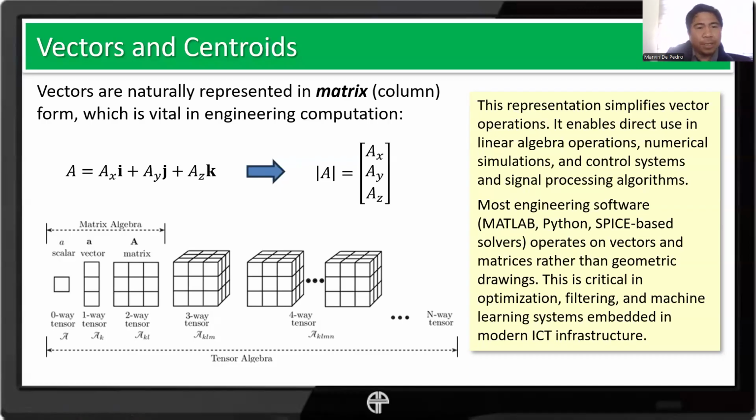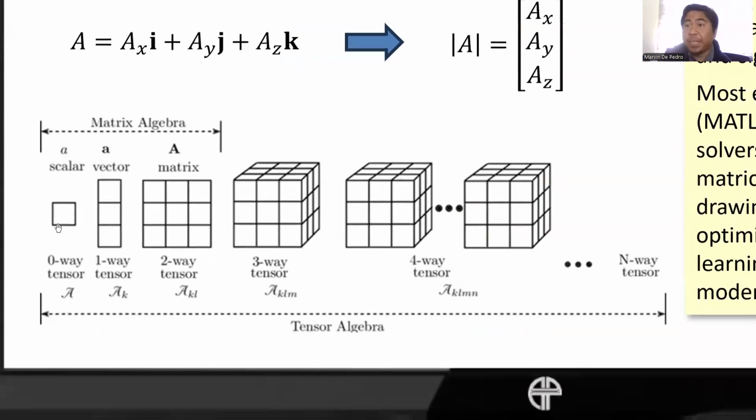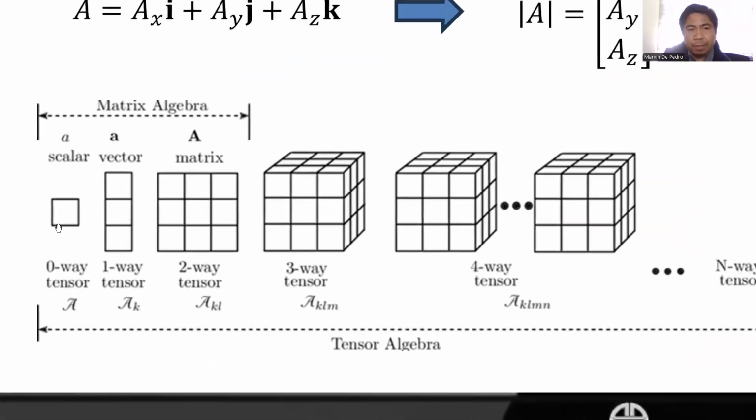Right. So we have such a thing as matrix algebra as part of linear algebra mathematics. When we represent a scalar value in matrix form, actually we only have a zero-way tensor. Okay, so just one. Think of it as one cell in a table. But when we have a vector, we now have a 1D or one-way tensor.